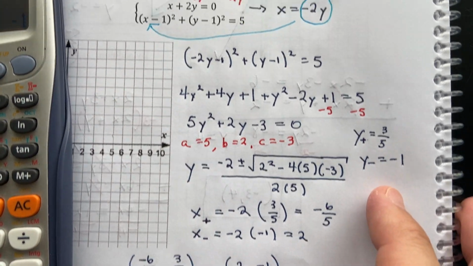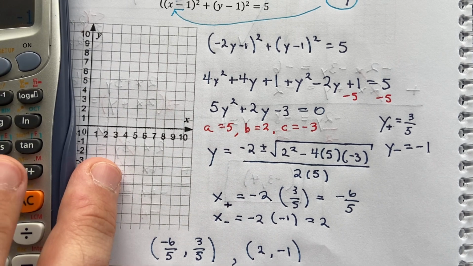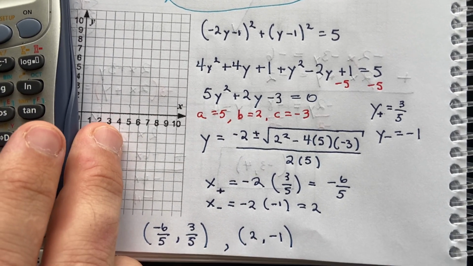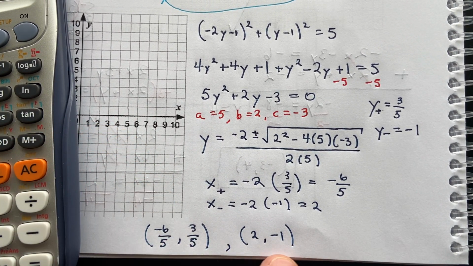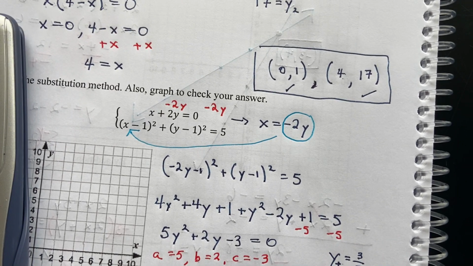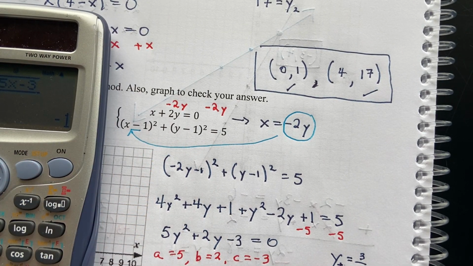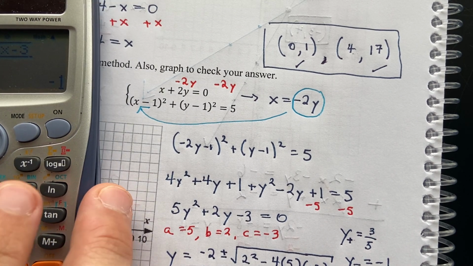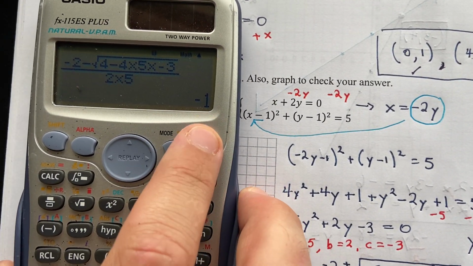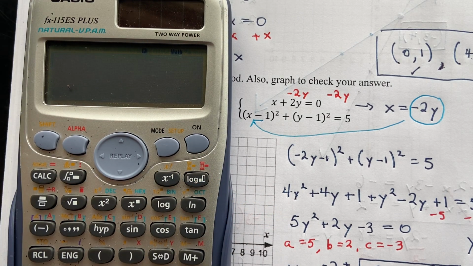I'll go ahead and check them numerically. So what I'm doing right now, you guys, just so you can follow along, I don't know if I can get it all on the screen, but I'm going to be taking both of these. Here's my xy, here's xy, and I'm plugging those back in to this original. So the first point was negative 6/5, 3/5.